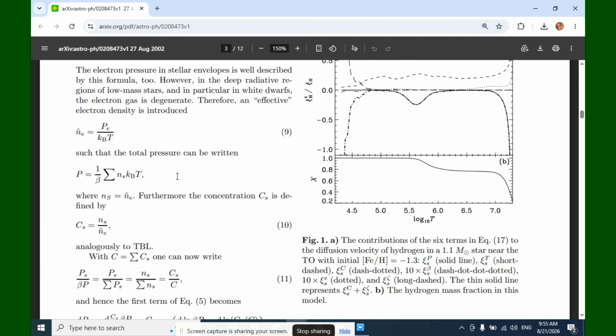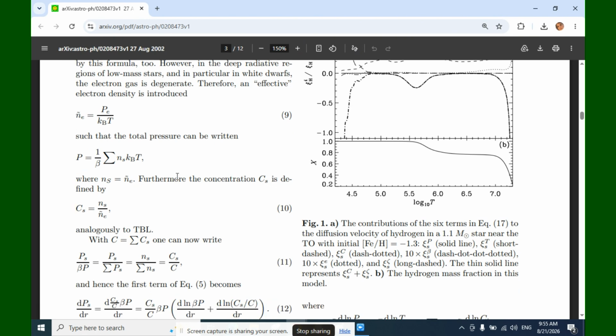Zeta s to the power of P is the solid line, zeta s to the power of T the short dash, zeta s to the power of C the dash-dot, and so on for the remaining terms. The thin solid line represents the sum of the terms. And in panel B, we have the hydrogen mass fraction in this model.